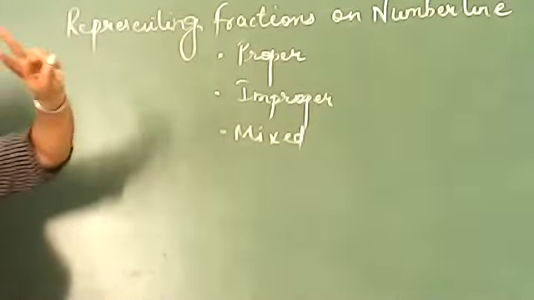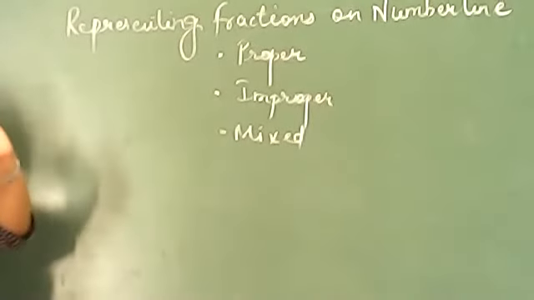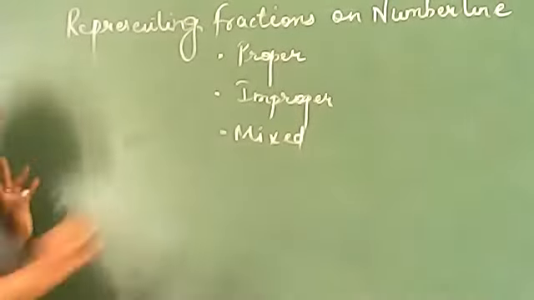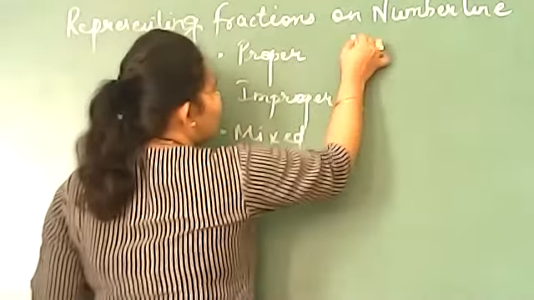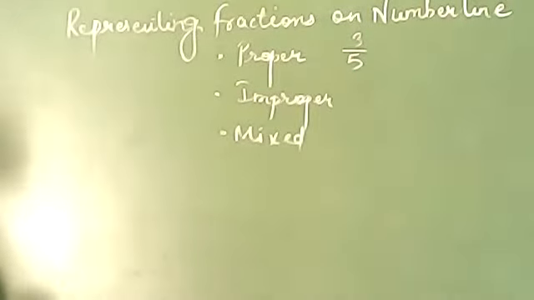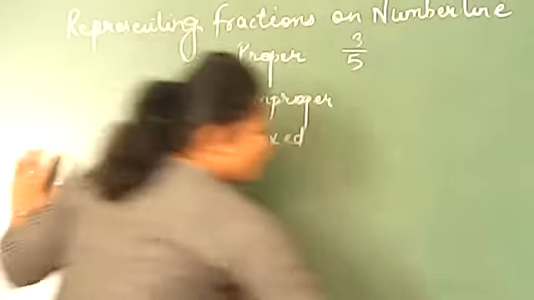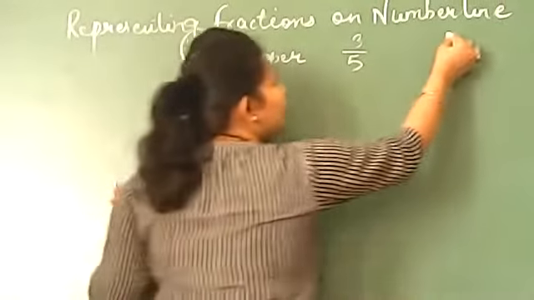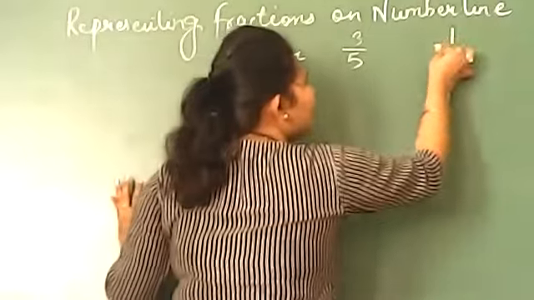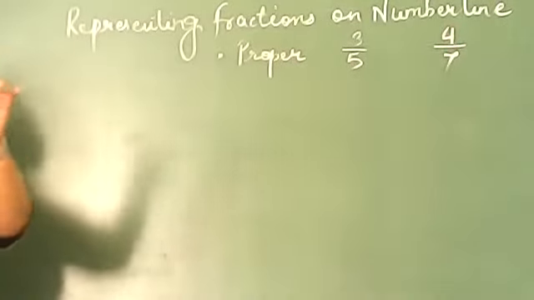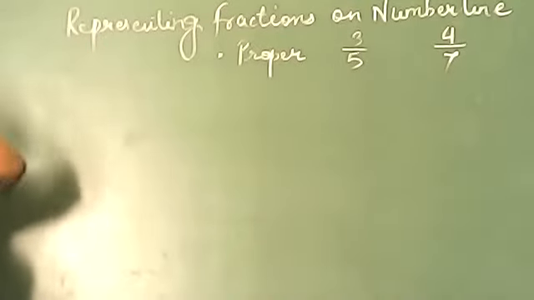Let's take only two examples for understanding. One I will explain to you, one you will do along with me. For example, I took 3 by 5. I am explaining 3 by 5, and you will do 4 by 7 along with me. 3 by 5 I will explain on the board.